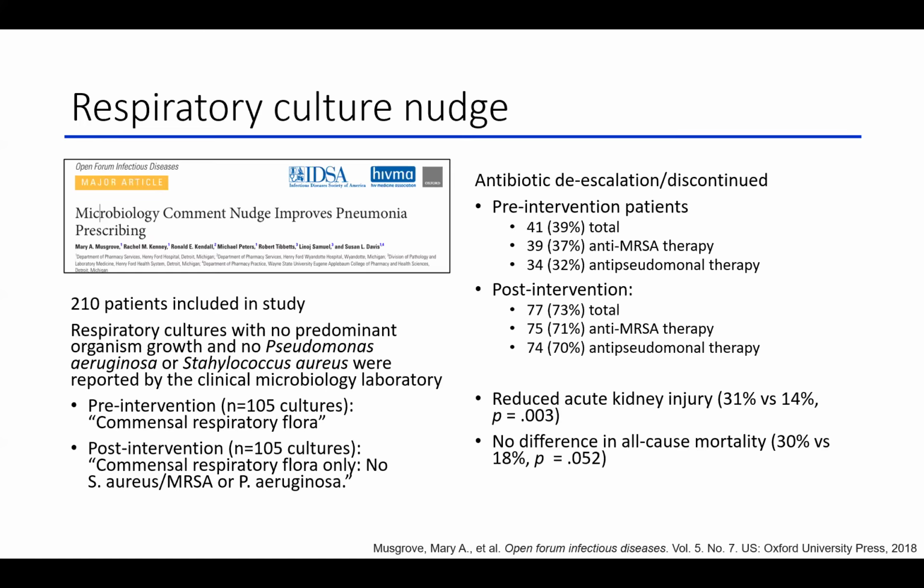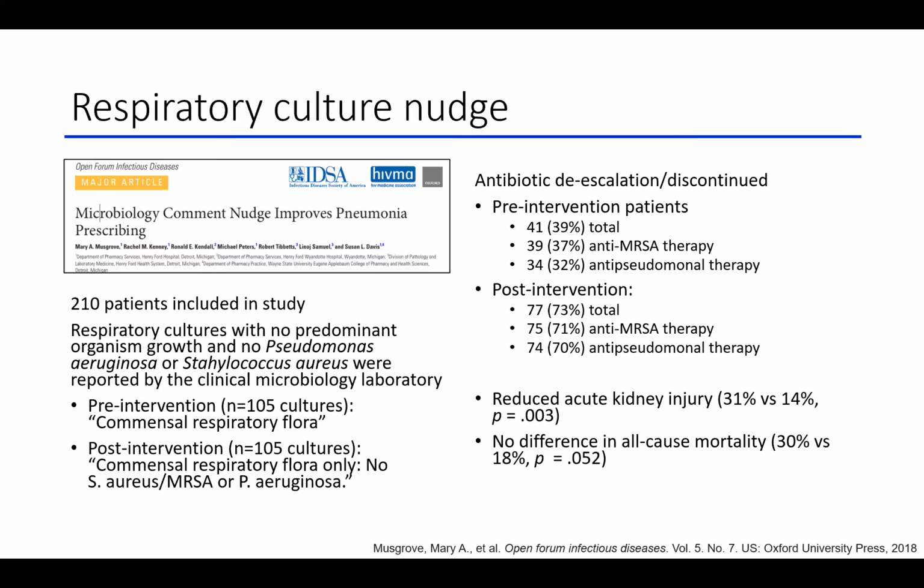They found that pre-intervention, you can see that they were looking at antibiotic de-escalation or discontinuation. They were able to do that in about 40% of their total patients, broken down by anti-MRSA and anti-Pseudomonal therapy. Post-intervention, just under 75% of their total patients were able to be de-escalated.